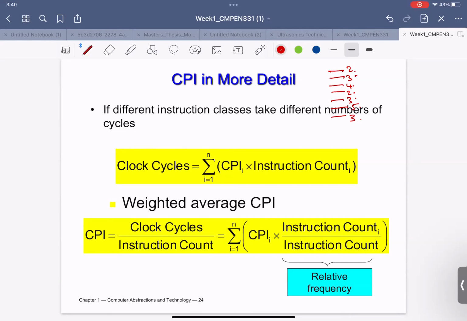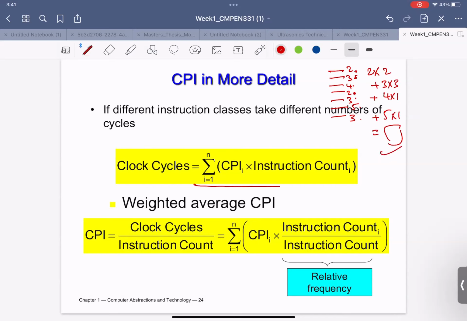But since we know what multiplication is, instead of doing that, we can say 2 multiplied by how many times? It's 1, 2. So 2 multiplied by 2, plus 3, how many times? 1, 2, 3. So 3 multiplied by 3. Plus 4, how many times? 4 multiplied by 1. Plus 5 multiplied by 1. Whatever the number is, you now know the total number of clock cycles.